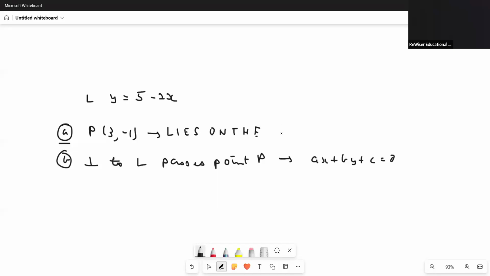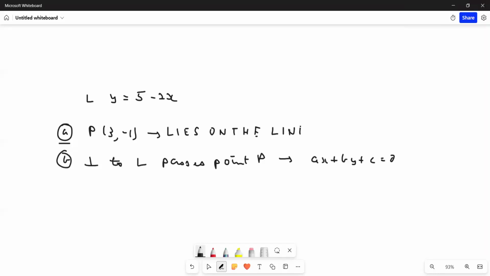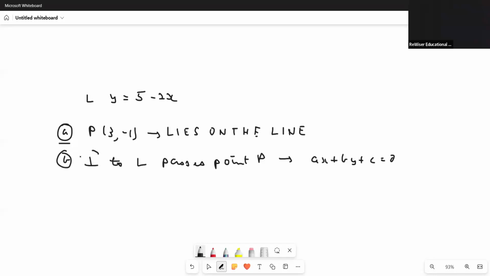Part B says you have to find the equation of the line which is perpendicular to the line L, and it passes through the point P, that means this point. You have to write the equation in the form ax + by + c = 0. Is it now okay? Yes, sir.